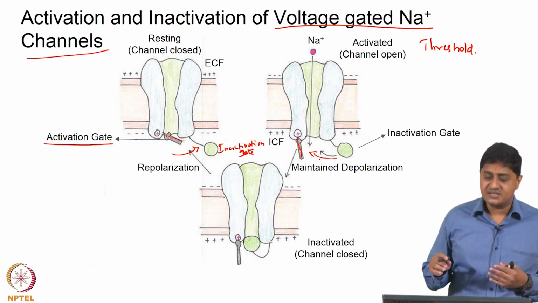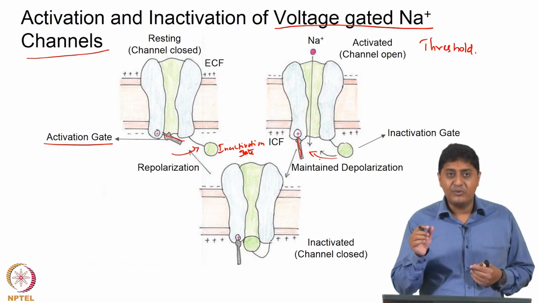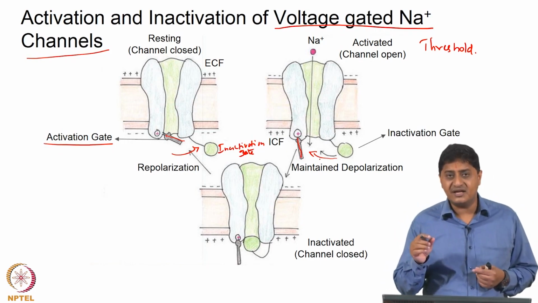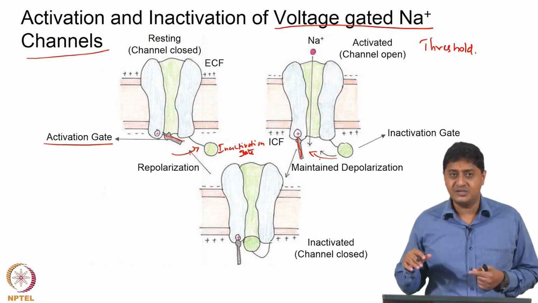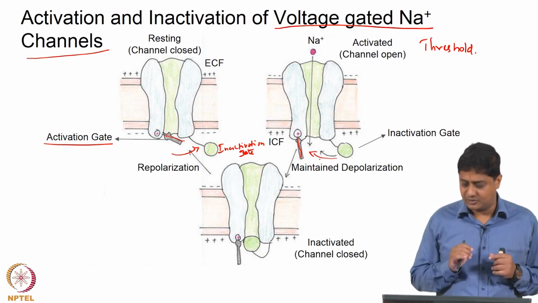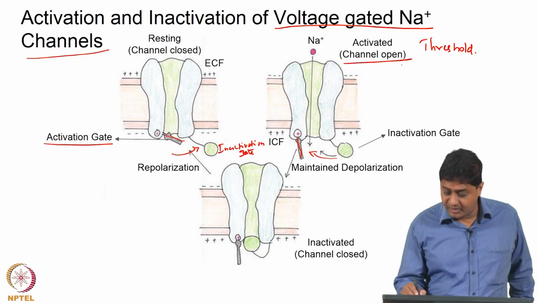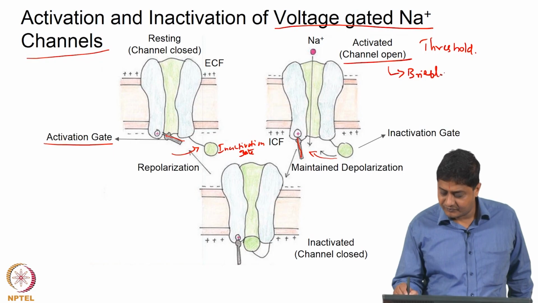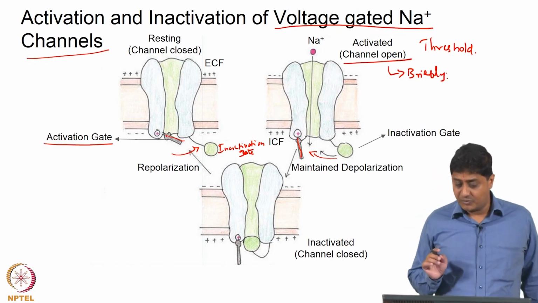So, that means there is going to be a relatively brief period during which both the activation gate and the inactivation gate remain open. The activation gate immediately opens and the inactivation gate is trying to close, but not completely closed. In that state, the channel will remain open for a brief period of time.